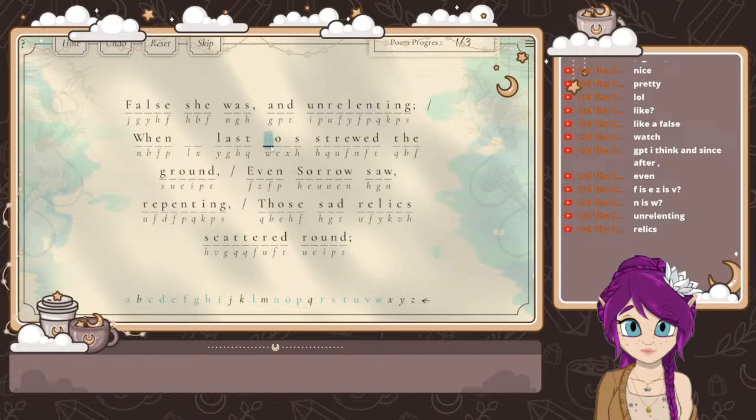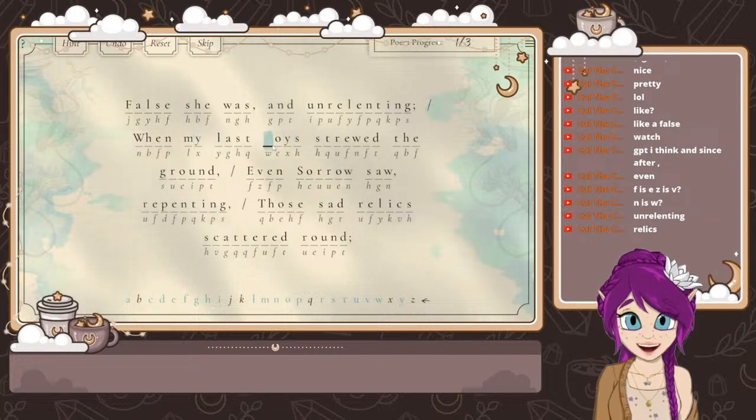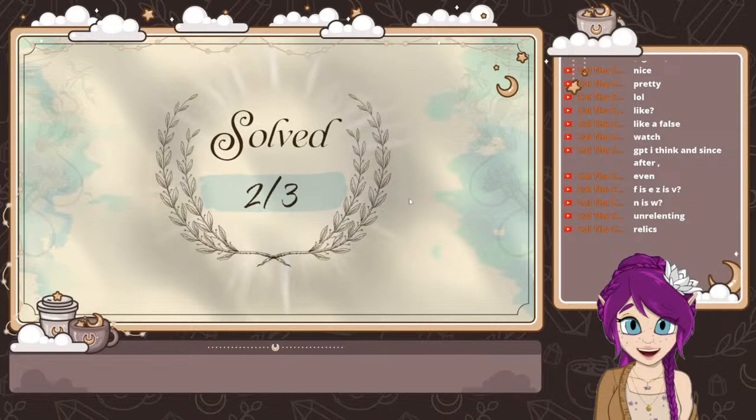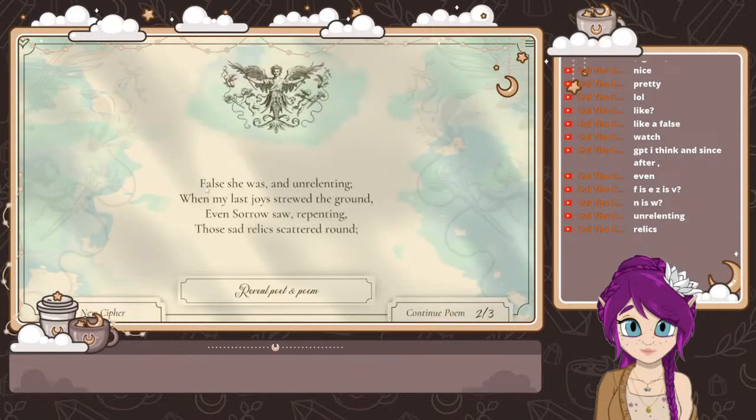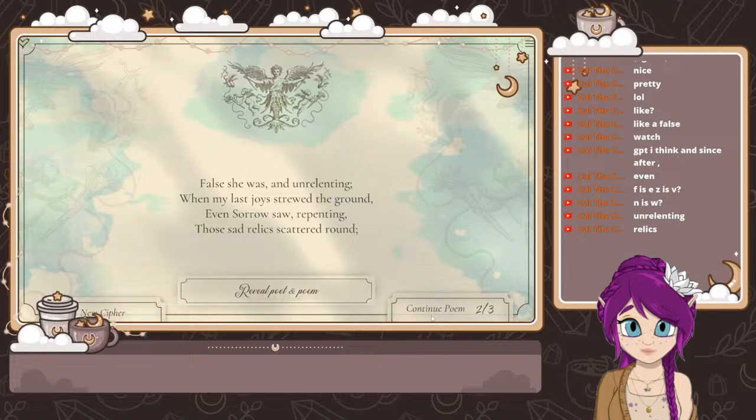Tears? It's moist? When my last joys? Oh. False she was and unrelenting, when my last joys strewed the ground, all the tears, even sorrow saw, repenting, those sad relics scattered around.